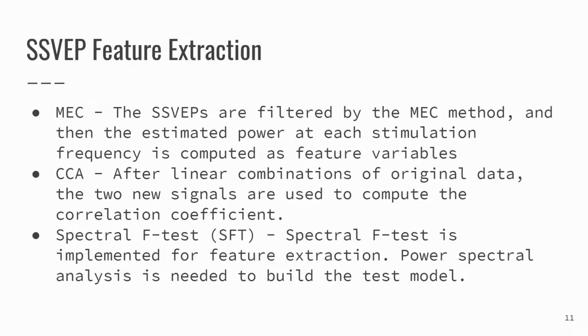After that, CCA, which is correlation analysis: after the linear combination of the original data, the two new signals are used to compute the correlation coefficient, which is used as the feature. After that, we have the spectral F test. These are the common techniques used for feature extraction.